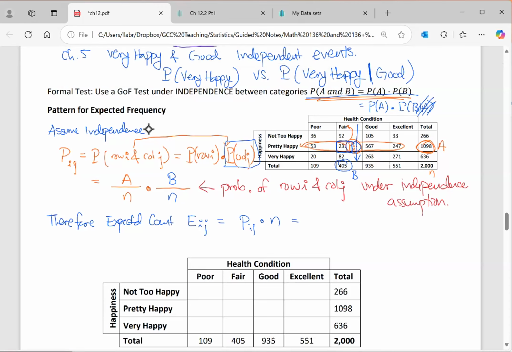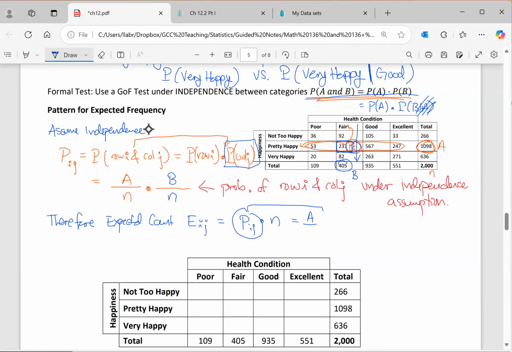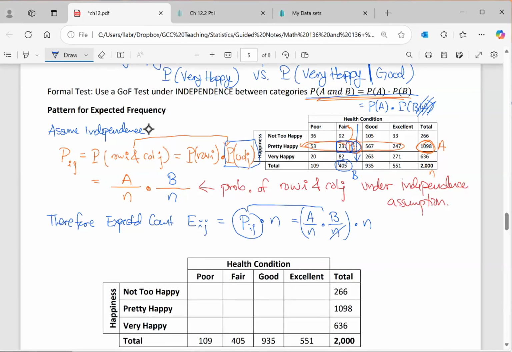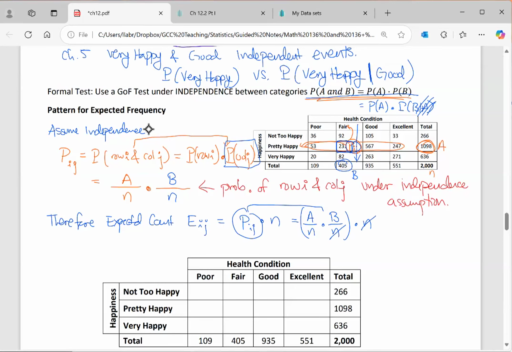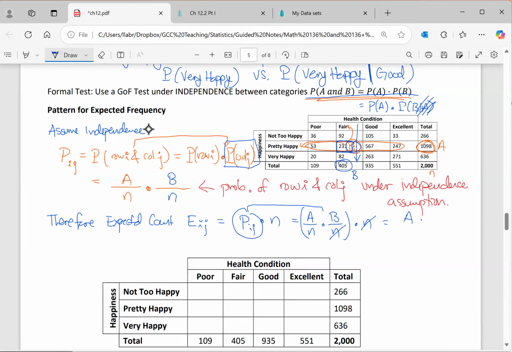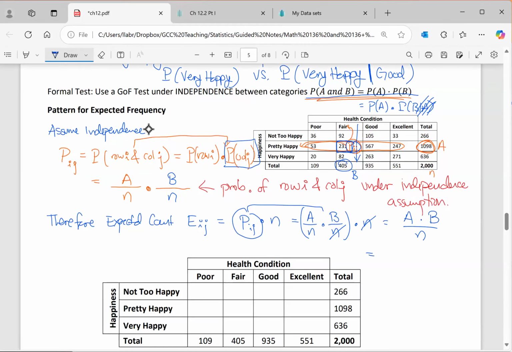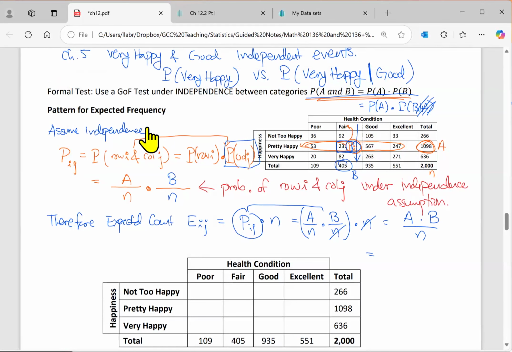Now, this actually works out really nicely. Check this out. P of ij we just found. It's A over N times B over N. And this time we're going to multiply that by N. But when N shows up in the numerator and denominator, you can cancel it out. So this actually just gives me A times B all divided by N. And luckily, if you remember, A is the row total.